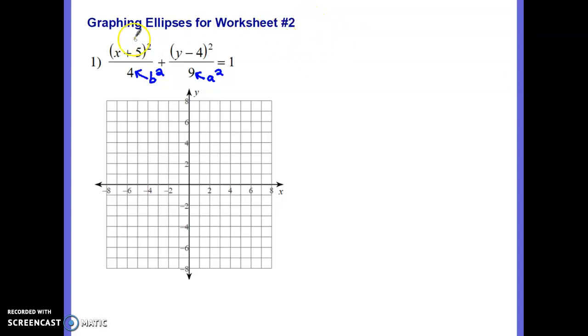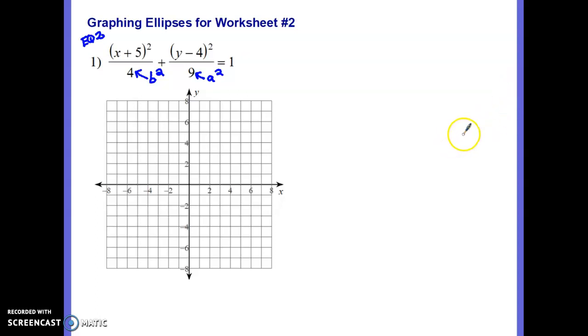So this particular function is equation 2 on your chart. Now, since it's equation 2 on your chart, we're going to go ahead and talk about all the items that go with equation 2.